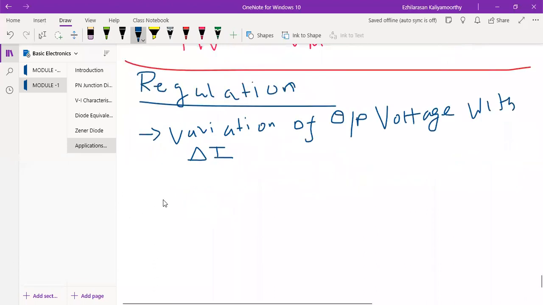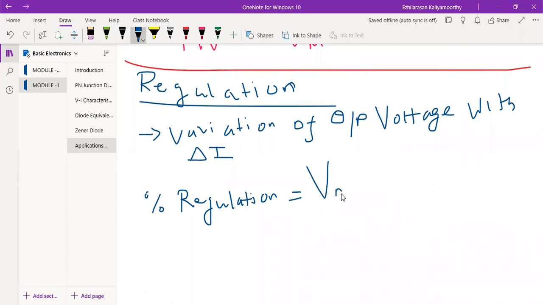Now the percentage regulation, because normally regulation is calculated as a percentage. So the percentage regulation is equal to (VNL minus VL) divided by VL into 100.